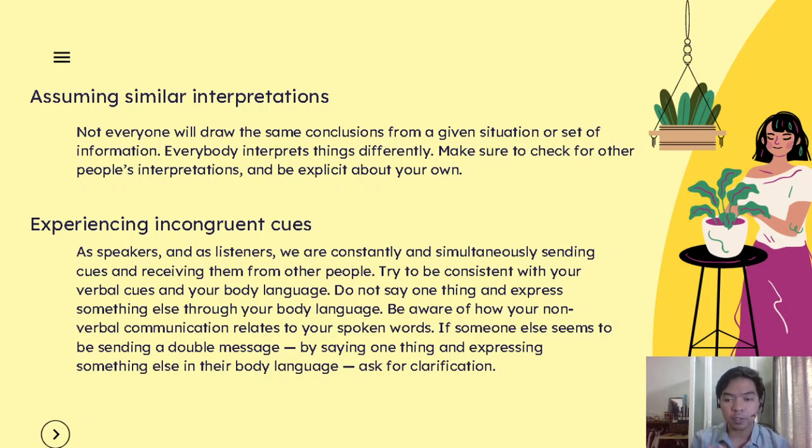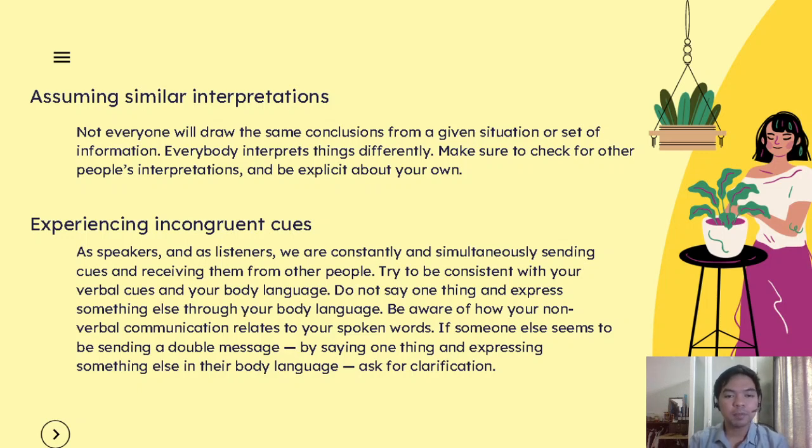I also express to them why my interpretation is like this, and I just make sure that I have an open mind so I can internalize their explanation of their interpretation. If their explanation makes sense to me, then I would be open and free to adjust my interpretation, since it makes sense.